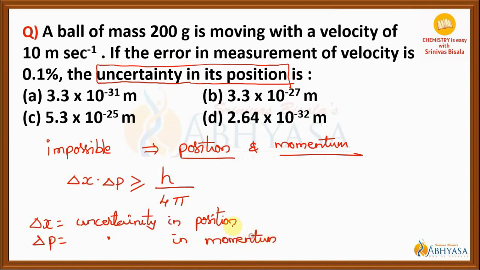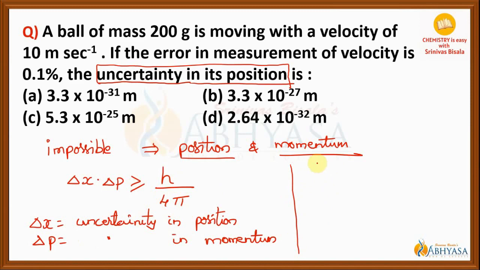According to this theory, the product of uncertainty in position and uncertainty in momentum is never less than h upon 4 pi. It is equal to h upon 4 pi or greater than h upon 4 pi. And you know that h is Planck's constant.